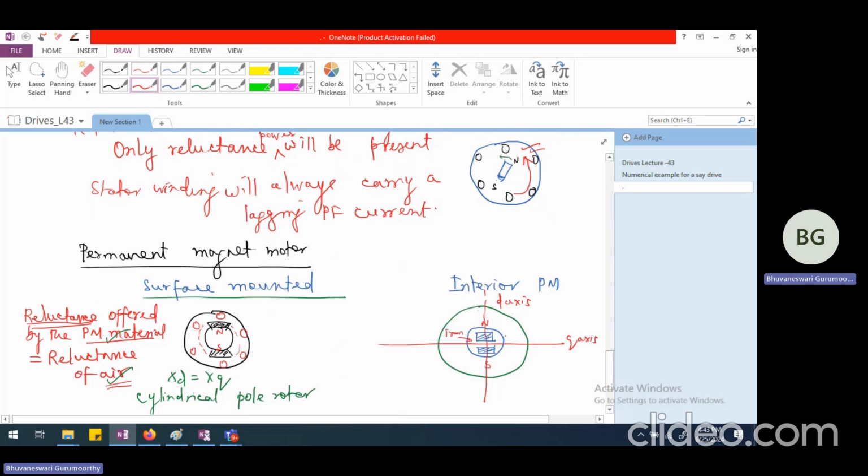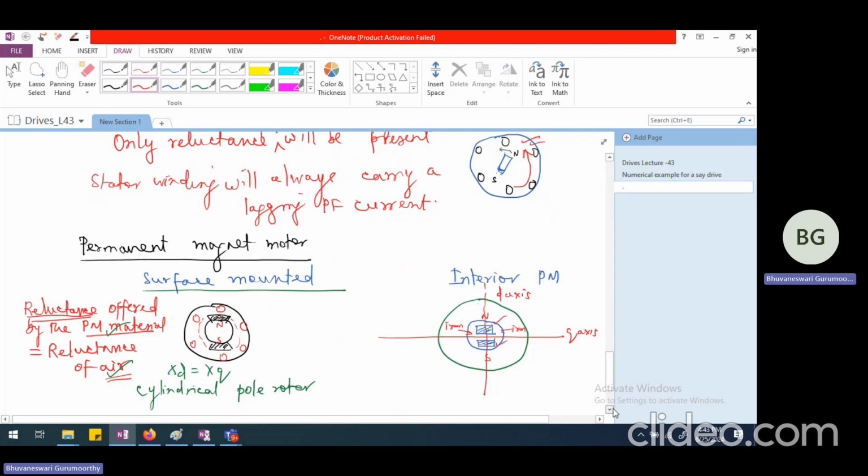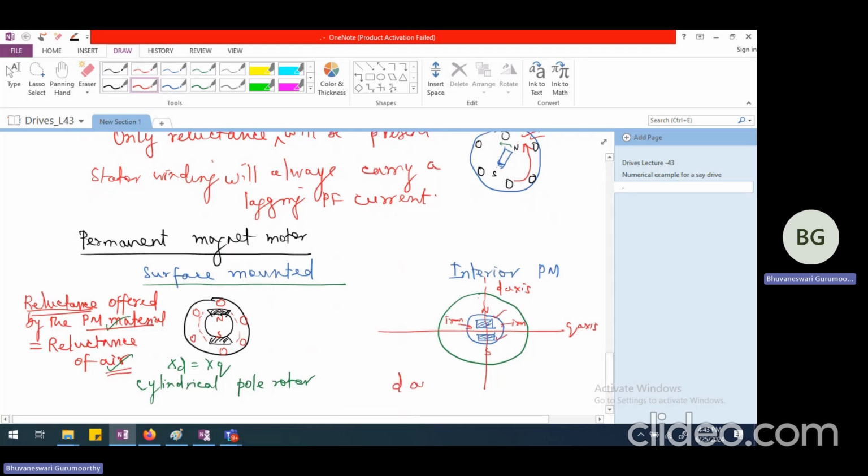And iron is going to offer really low reluctance. So in the interior permanent magnet machine, along the Q axis there is iron, and along the D axis there is permanent magnet, because of which D axis reluctance is going to be greater than Q-axis reluctance.